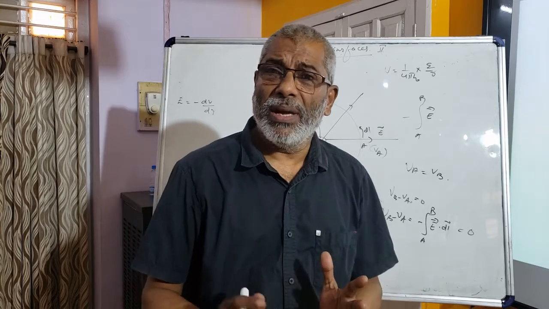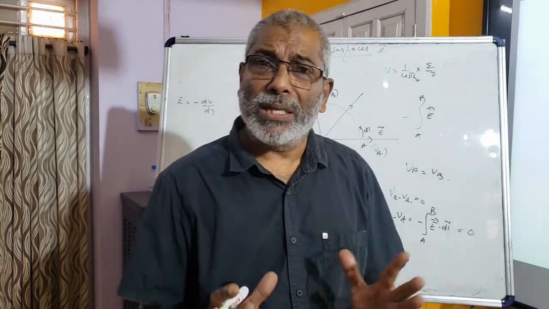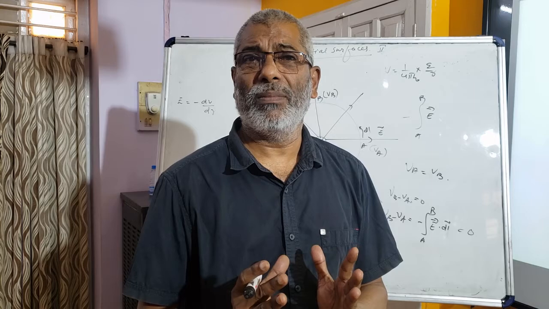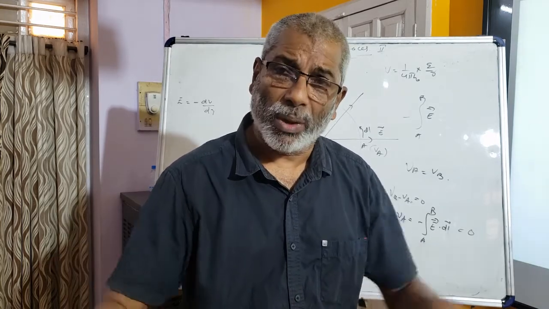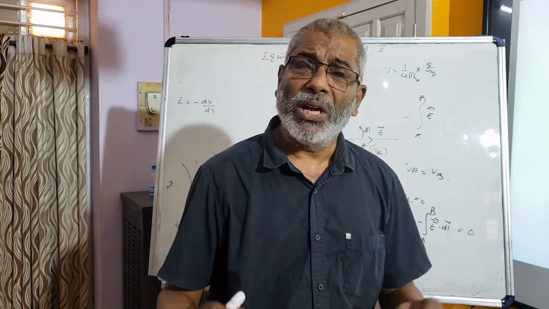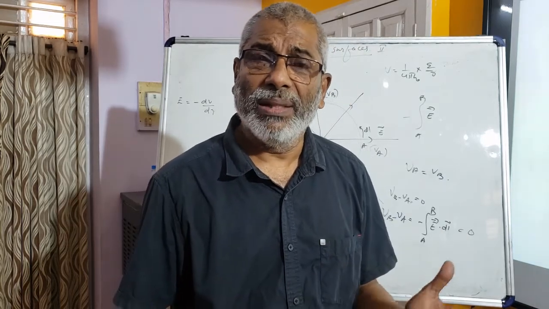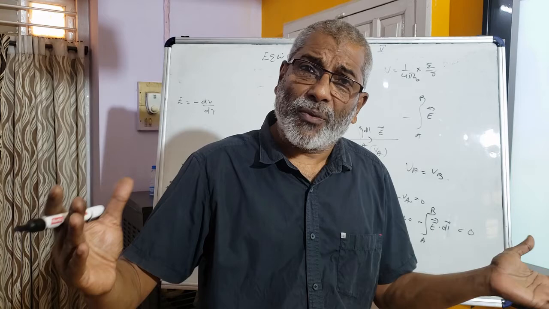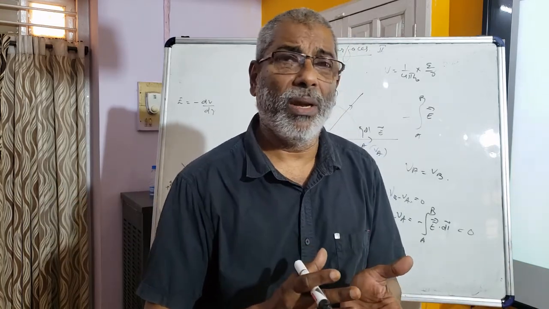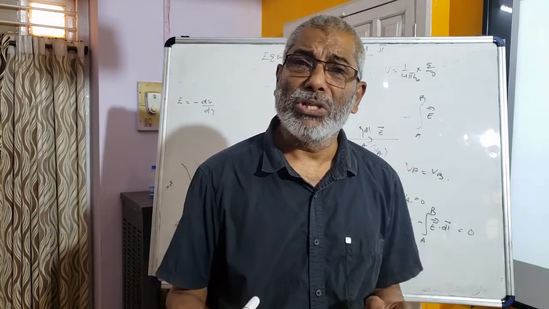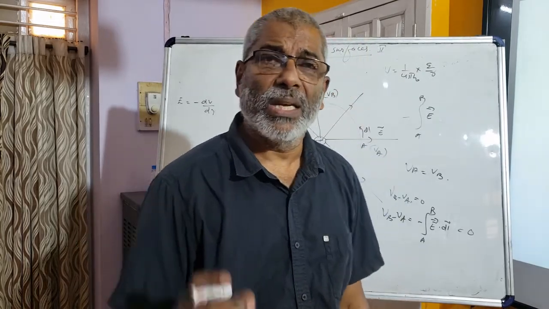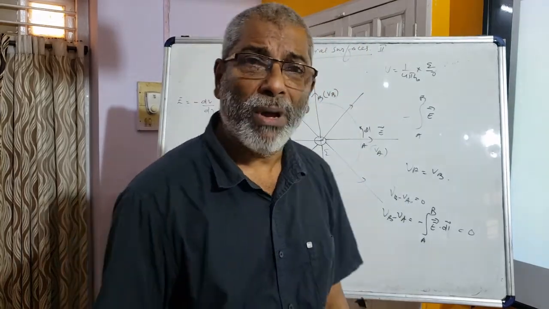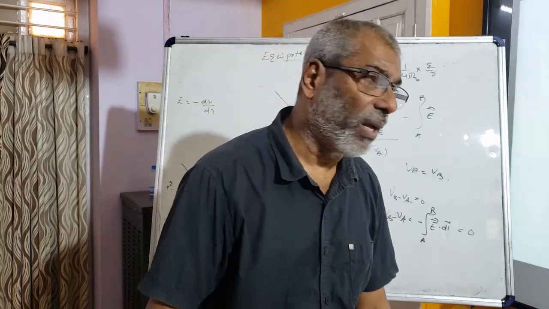In a region where the electric field lines are crowded, grouped together, the intensity of the electric field is more. In the same way, where the equipotential surfaces are closely grouped, there the intensity of the electric field is more. Hence we can say that it is a contour map of the intensity of the electric field.